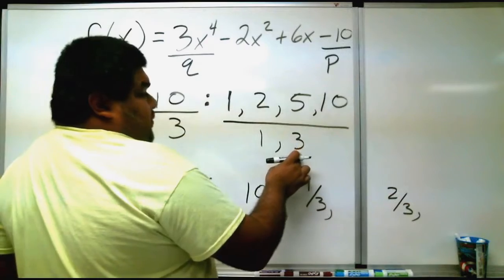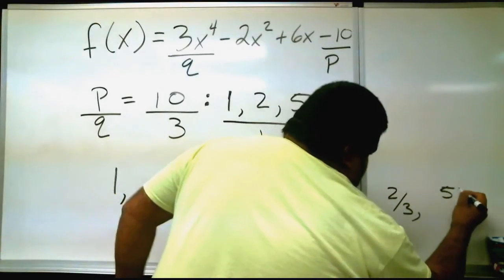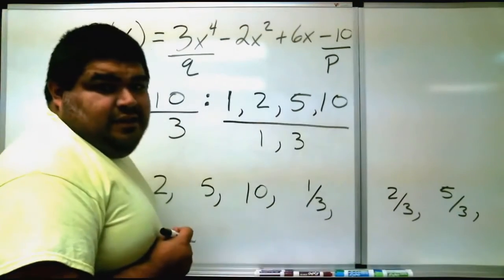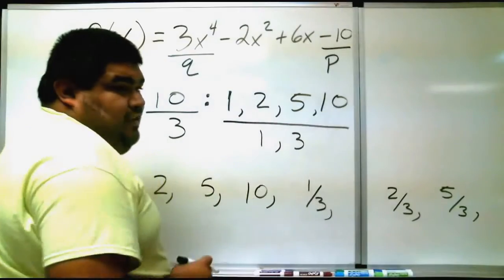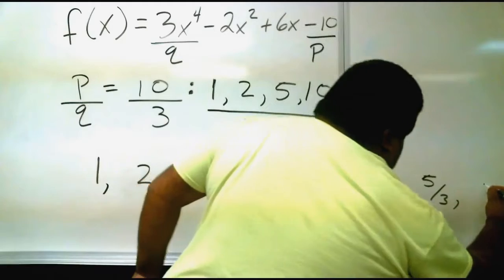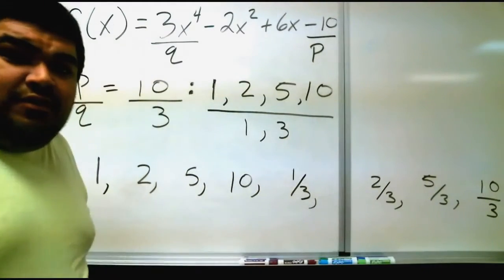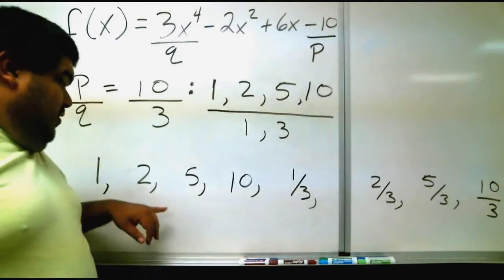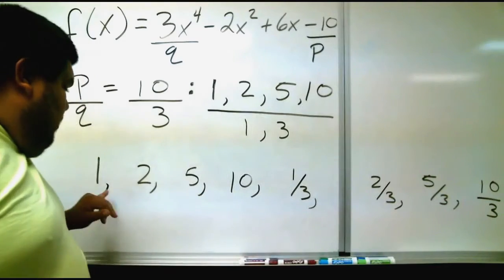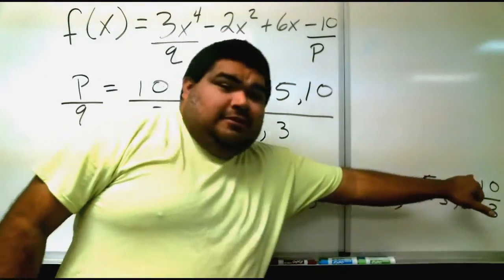Then 3 into 5, and we have 5/3. And then finally, 3 into 10. Since it can't really go in, we're going to have 10 over 3. These are all your possible factors: 1, 2, 5, 10, 1/3, 2/3, 5/3, and 10/3.